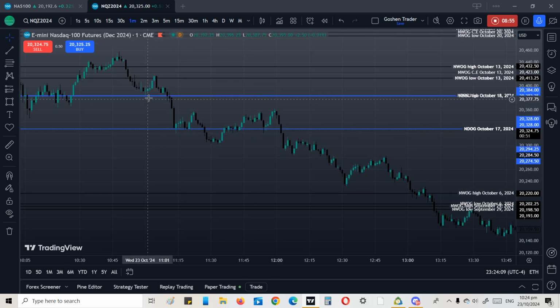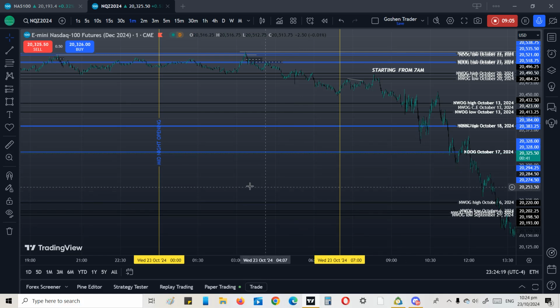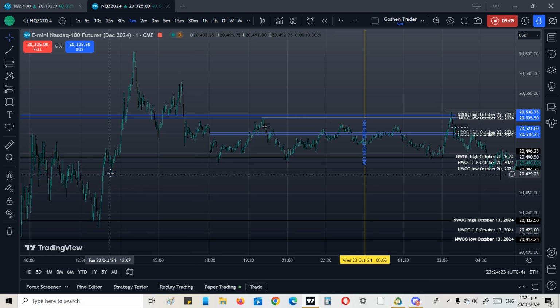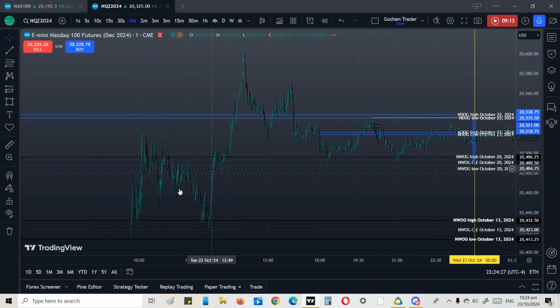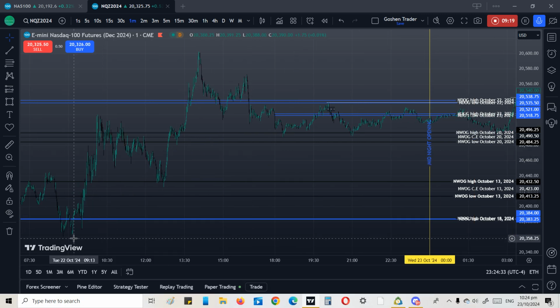I took this entry with the expectation of it clearing this low, which it did, and this low, which it did, and eventually it cleared this low, which I expected as well.